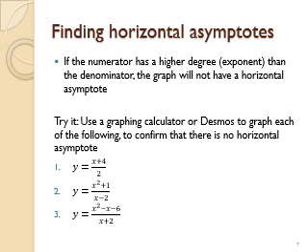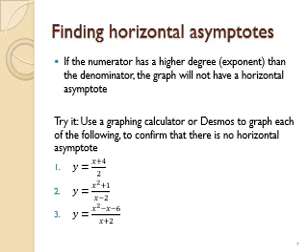I'm not going to work these out. I'm just offering them up in case you're curious. Again, if you have a graphing calculator or Desmos, and you take the time to graph each one of these functions, I hope when you see the graph, you'll be able to confirm that there is no horizontal asymptote on any one of those graphs.